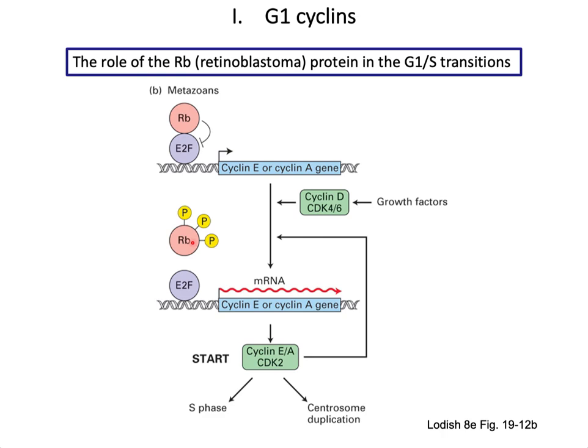Some of these genes include the genes that are necessary for DNA replication during the S phase, and some proteins that mediate centrosome duplication, which is going to become important later when the cell divides. Then, of course, cyclin E CDK2 or cyclin A CDK2 can feed back into the process and phosphorylate even more RB to make E2F work much more, increasing the transcription level.